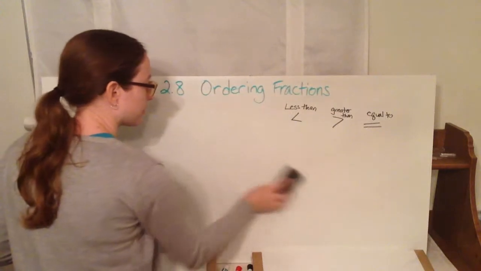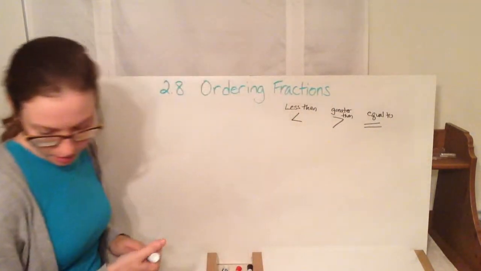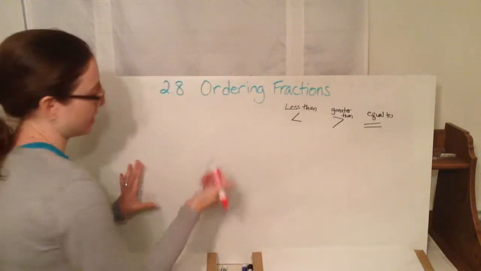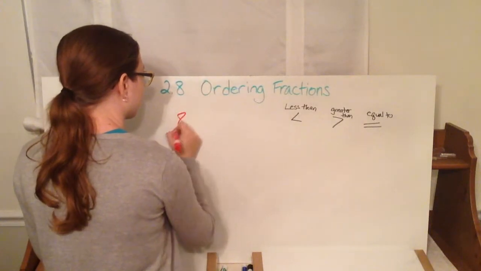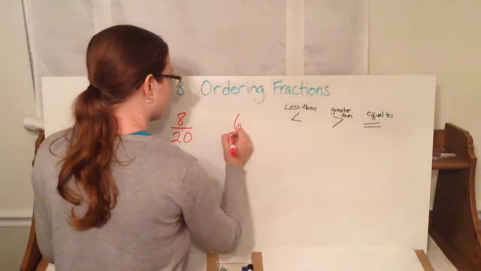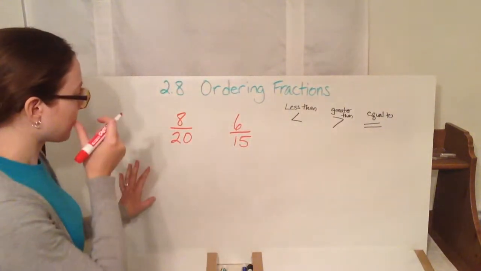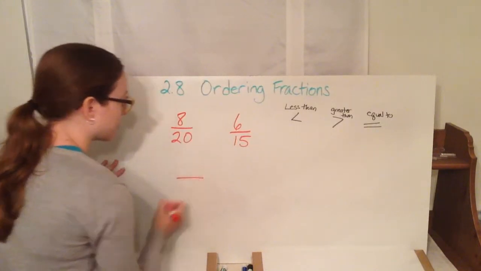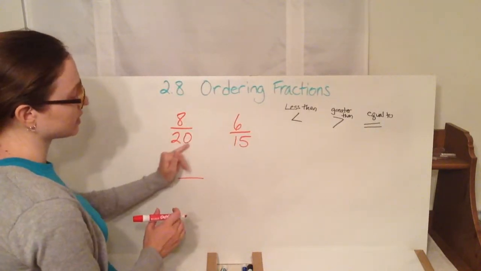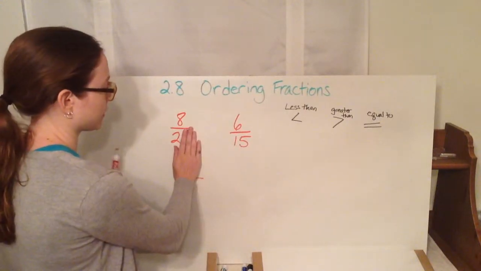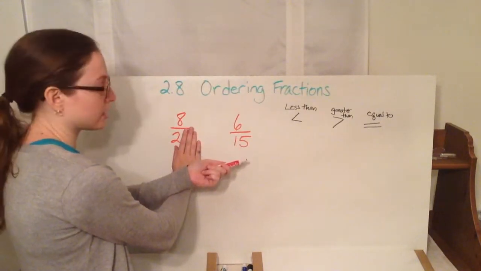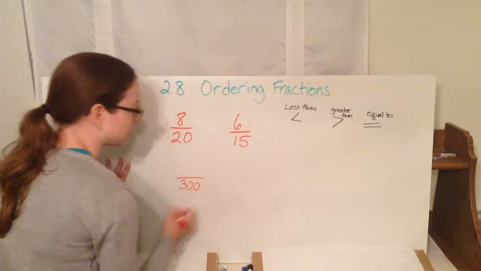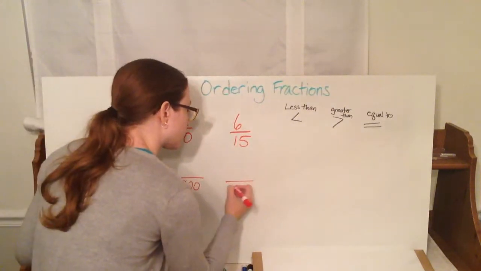I'll do a couple more examples. Another one would be 8/20 and 6/15. Okay, 20 and 15 have a common multiple, but I'm going to do it this way instead. 2 times 15 is 30, and then I'm going to put another 0 on it, so these multiplied together is 300.